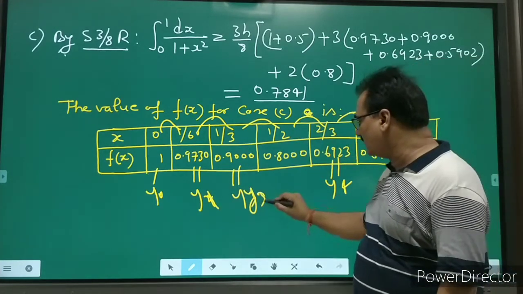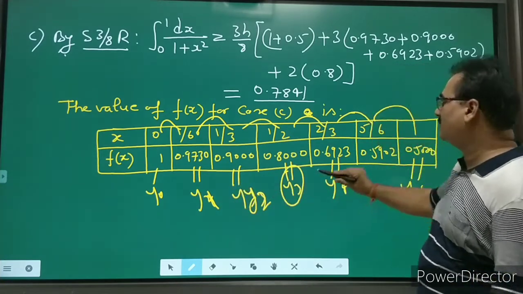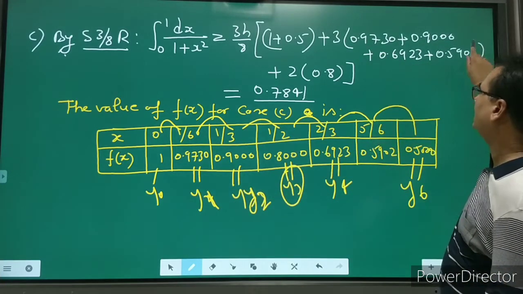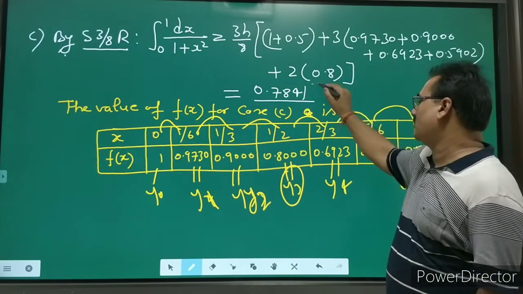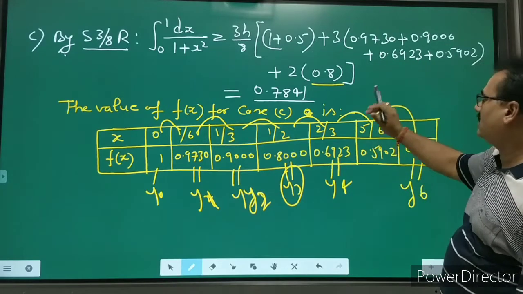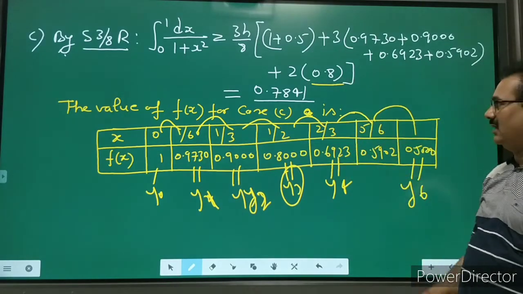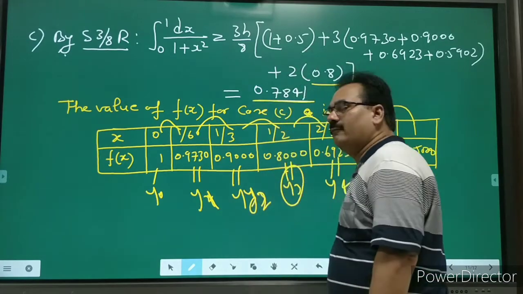So this is y1, this is y2. You leave y3, y3 you leave. So except multiples of 3, all other terms get 3 times. So 3 times this, and plus 2 times this term, 0.8, which is a multiple of 3. So multiple of 3 is only one term. Here you write 0.8. Now after calculating these values, you will get 0.7841.